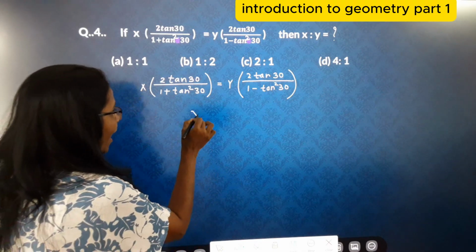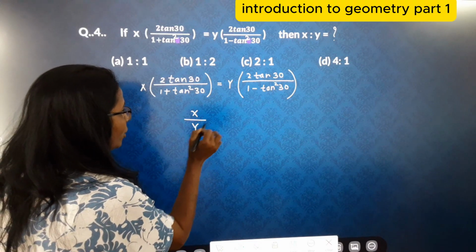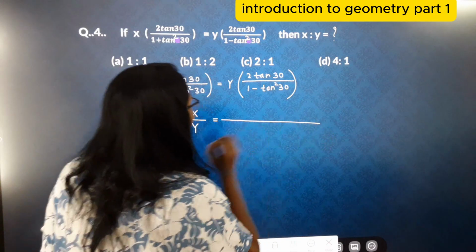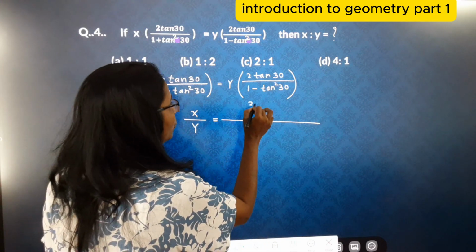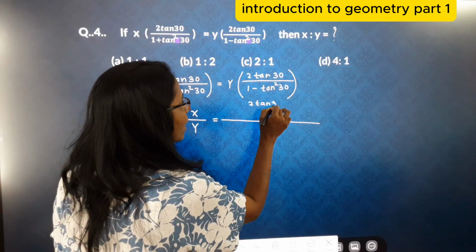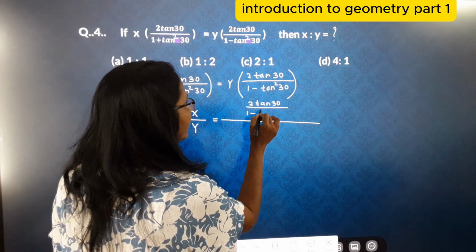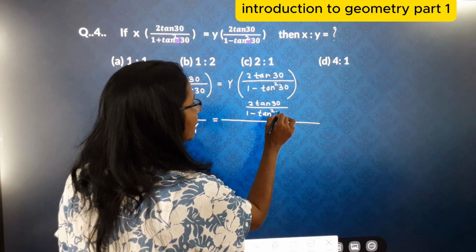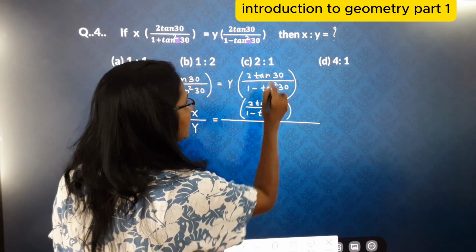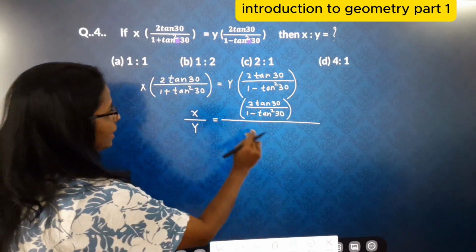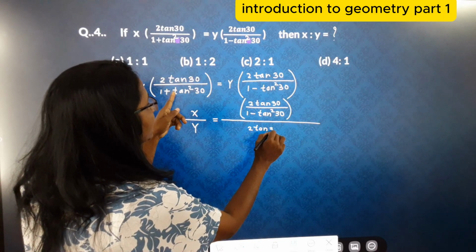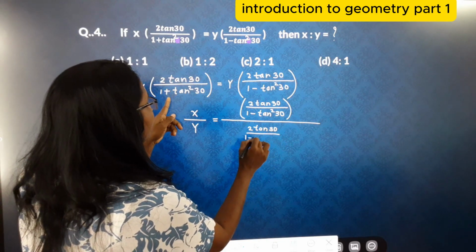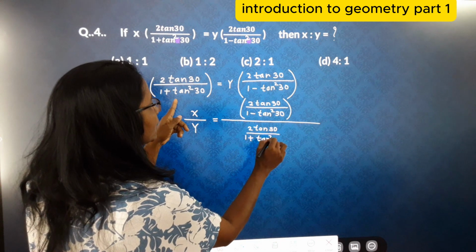Then I write it this way: x upon y. Then I write the numerator and denominator: the numerator becomes 2 tan 30 upon 1 minus tan² 30, and the denominator is 2 tan 30 upon 1 plus tan² 30.